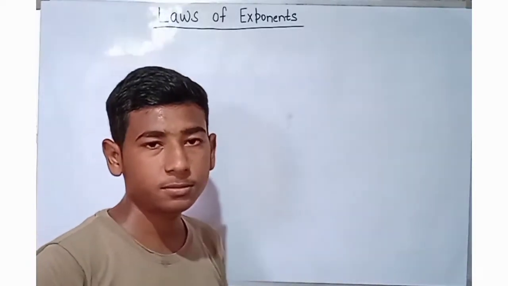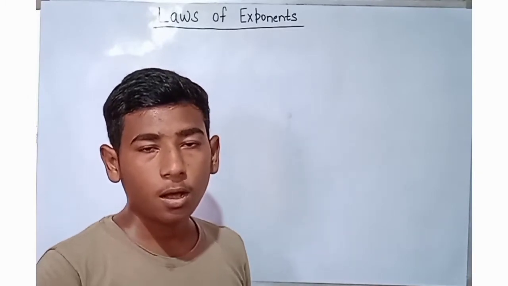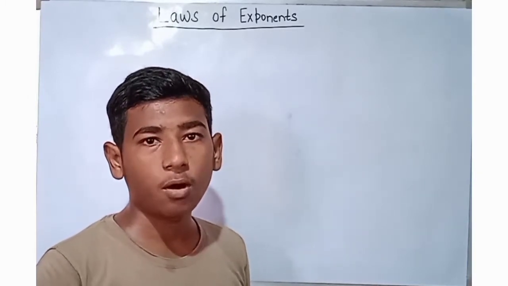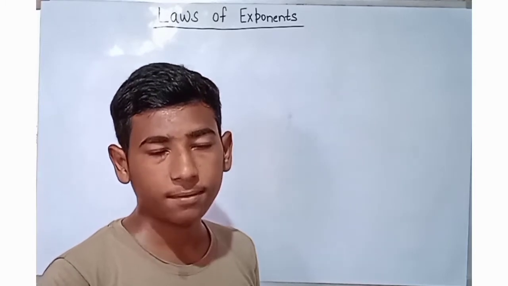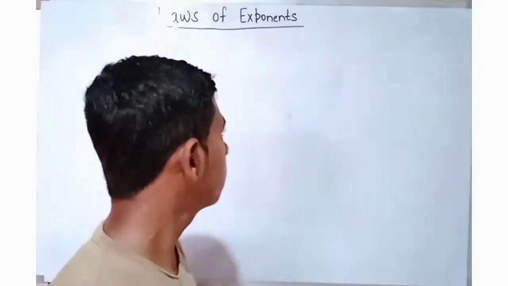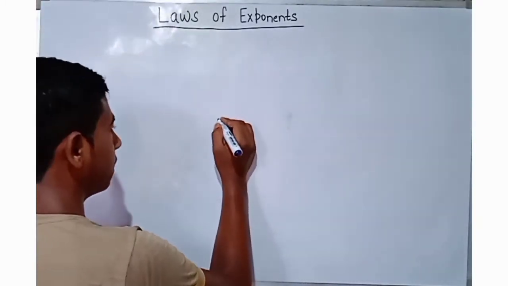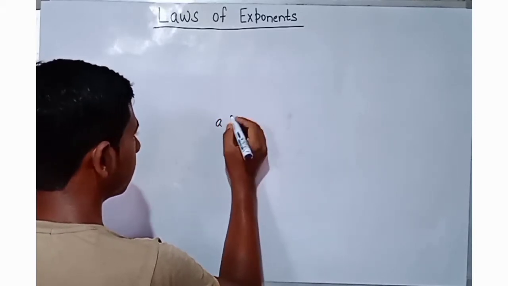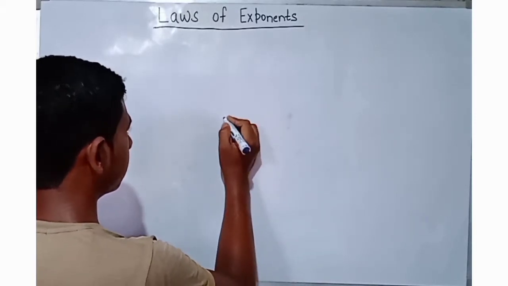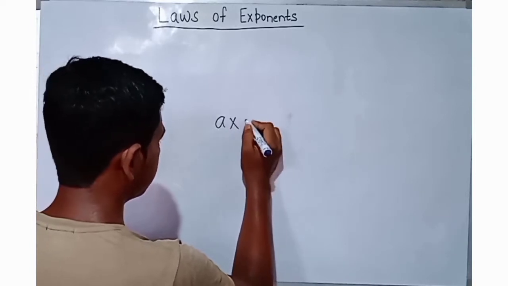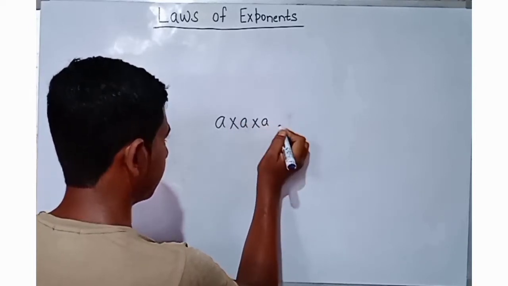Exponent is nothing but the multiplication of a number with itself repeatedly. See here, suppose a number a is multiplied by itself 3 times, we can write it as a to the power 3. Suppose a number a to the power n, this power is the exponent and exponent is power.